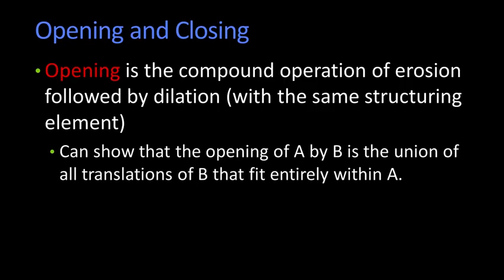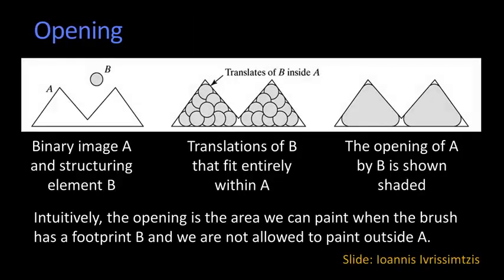And it says here you can show that an opening of A by B is the union of all the translations of B that fit entirely within A. That's kind of complicated and wordy. It's much easier to see in a picture. So here's our binary thing A, and this is our structuring element B. And the opening is all the places, all the translations within A that you can fit B. And when you do that, you would get out this thing here.